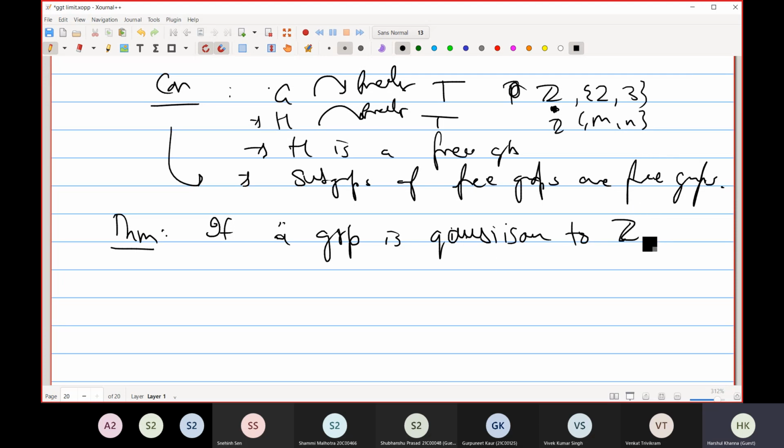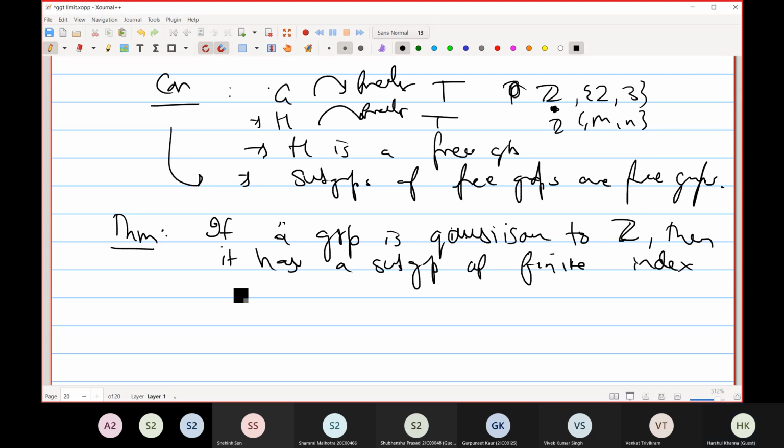So if a group is quasi-isometric to Z, then it has a subgroup of finite index that is isomorphic to Z. Right. So geometric group theory is full of these theorems relating geometric properties, these group actions, to your algebraic properties, and yeah.